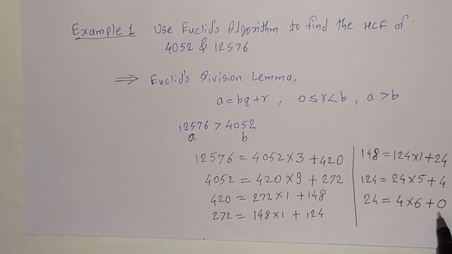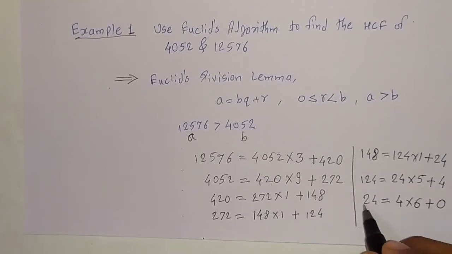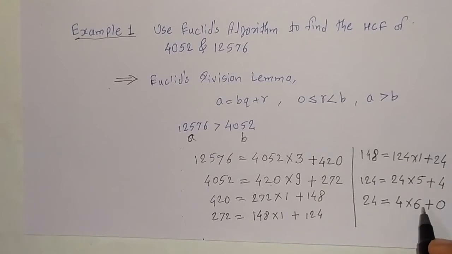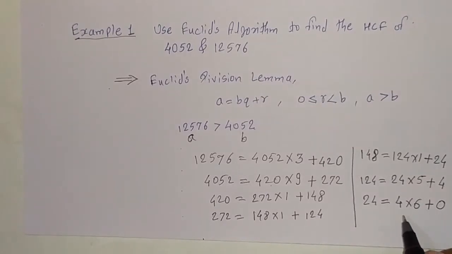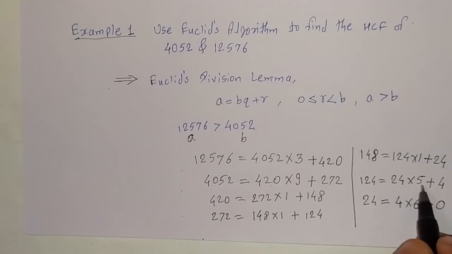So once the remainder is 0, this will be our final step, and the divisor in this case will be our answer. It is very important to write in this form, divisor into quotient. If you change this order, then you might get the wrong answer. See, if you change the order, then your answer will be 6.